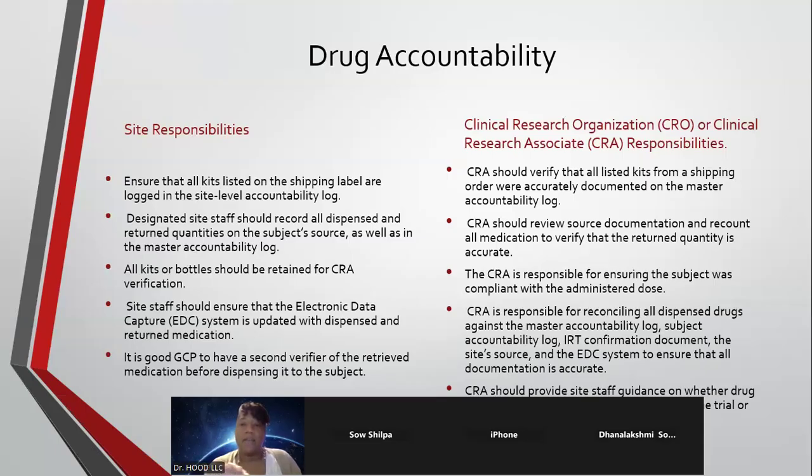And then was the final quantity documented back on the master log? So it takes a lot of steps to reconcile one bottle, but we have to make sure we do those steps. And this is why a lot of times clinical trials separate the blinded team from the unblinded team, because that drug accountability is so tedious and they don't want that one CRA to have to do both sides.